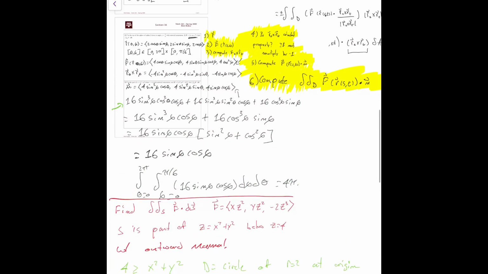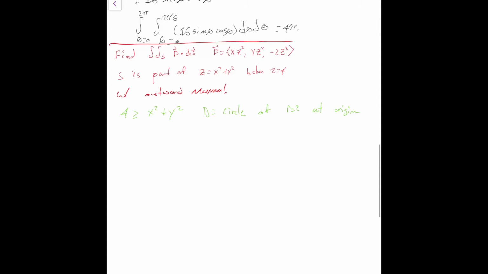The next step is to compute f evaluated at the parameterization. So then r of theta, t, this is t cosine theta, t sine theta, t squared.